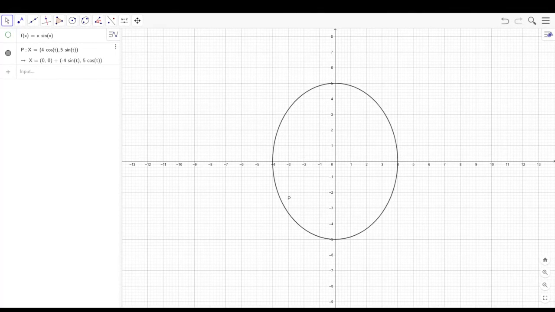All right, so we kind of know what it is from GeoGebra. Let's have a look at how we might do this algebraically. Okay, so let me share my document camera. So what question is this?